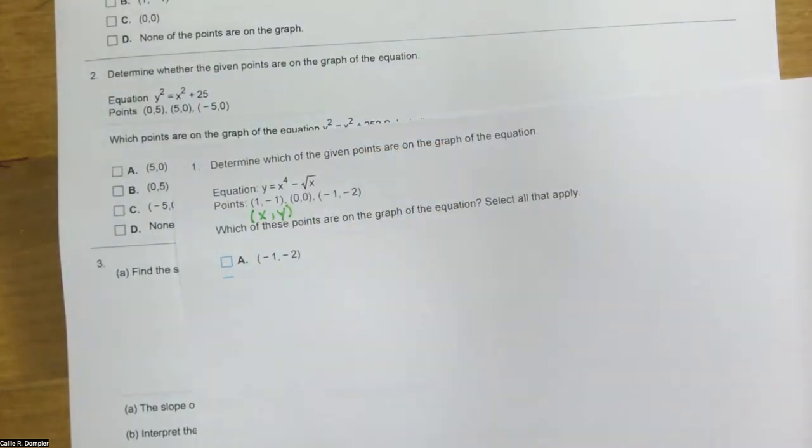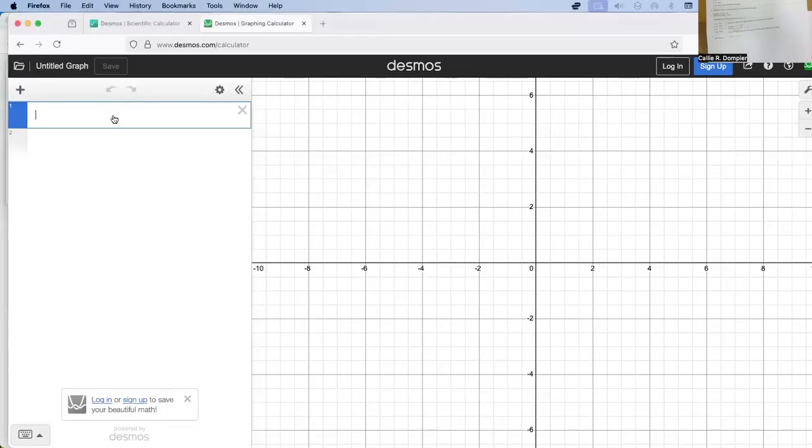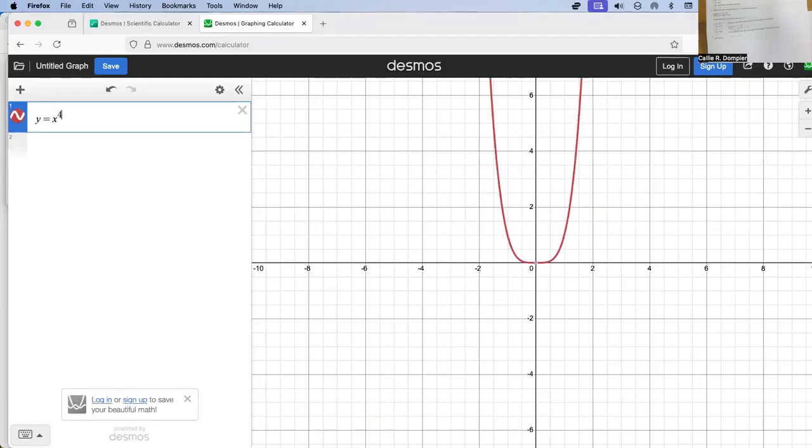So you are welcome to graph that in Desmos or in a graphing calculator. Let me share my screen. So one option specifically if you're doing homework would be y equals x to the power of 4 minus, and then you need the square root button.